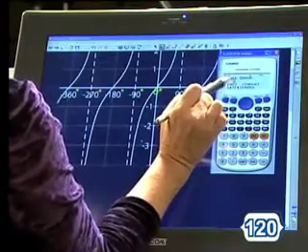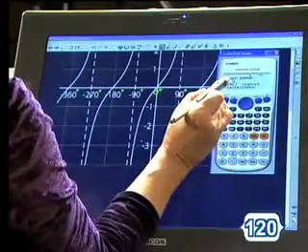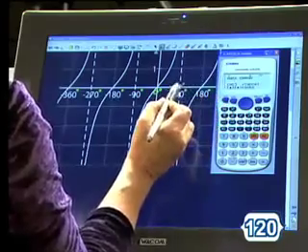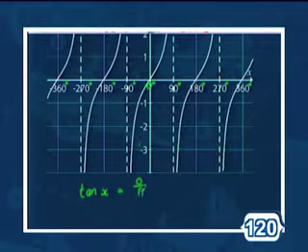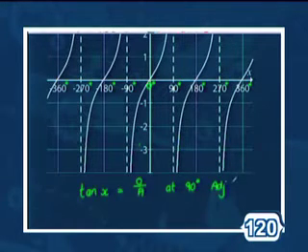Now that is because when we work out the tan of 90, remember tan of any angle is the opposite over the adjacent. And at 90 degrees, the adjacent value is equal to 0.